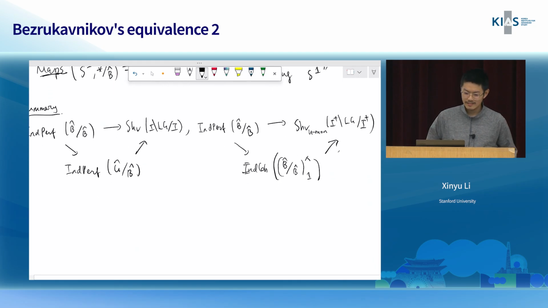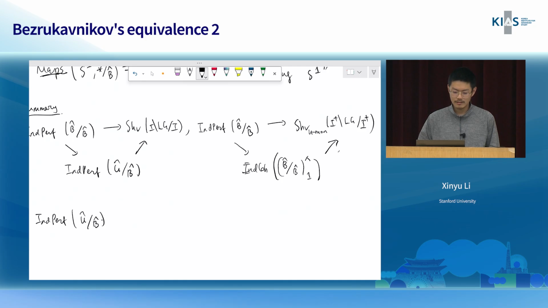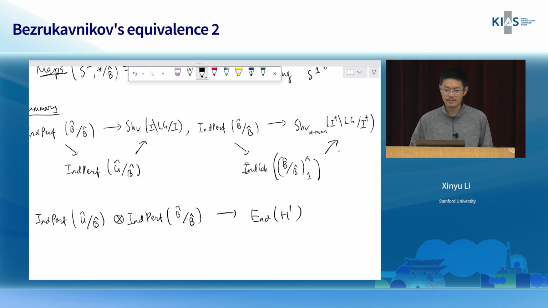Right, so now we have a map from this tensor product to endomorphisms of H prime, where H prime is the automorphic Hecke category that was in the second situation.